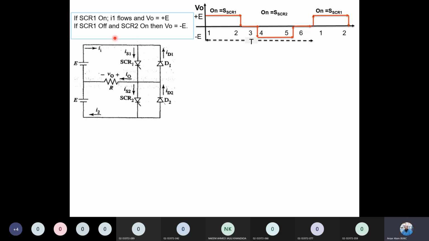अब आप प्लीज फोकस दिस SCR, आपको इसके क्रॉस वोल्टेज मालूम करने हैं, तो यू मस्ट हैव सम फैक्ट्स अबाउट दिस स्विच। If SCR1 is on, I1 flows and V output equals plus E। अगर SCR ऑन है तो जाहिर बात है कि आउटपुट वोल्टेज प्लस E के बराबर हो जाएंगे। और I1 इस तरफ फ्लो होगा, right?